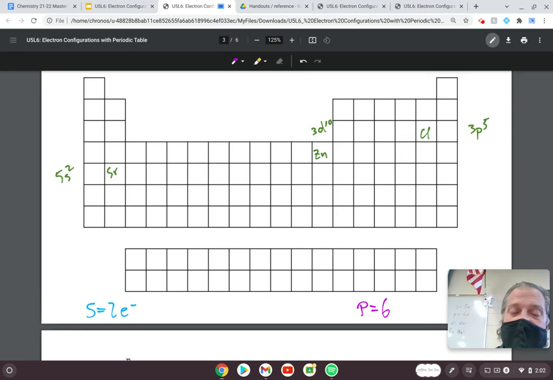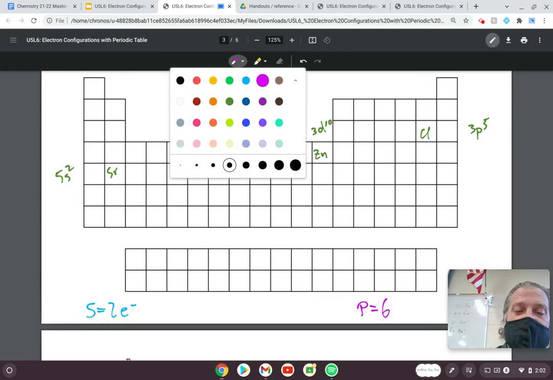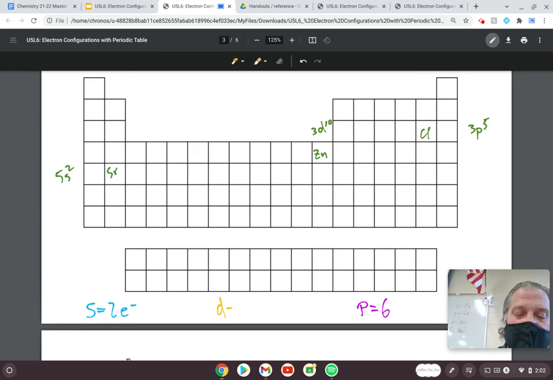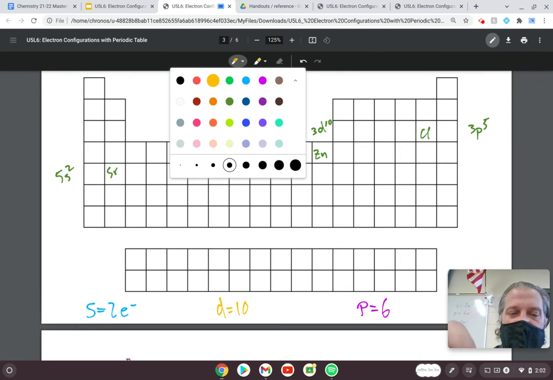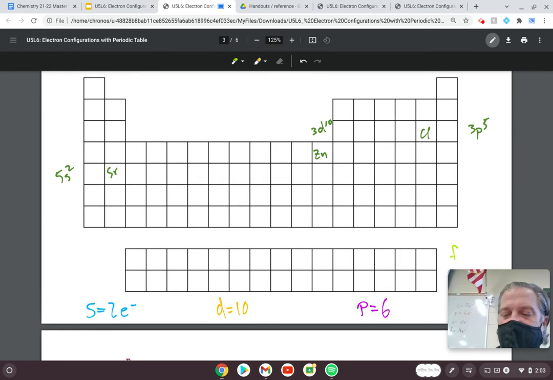Well done. And you might recall that the D shape can hold how many electrons? 10, right? And just for funsies, you might remember that the F shape can hold how many electrons? 14. Good.